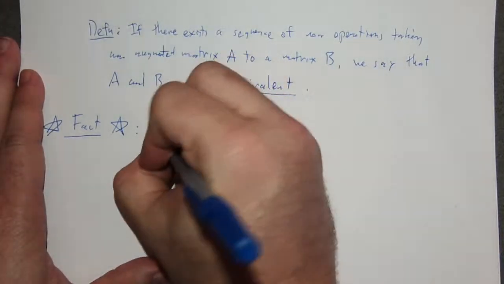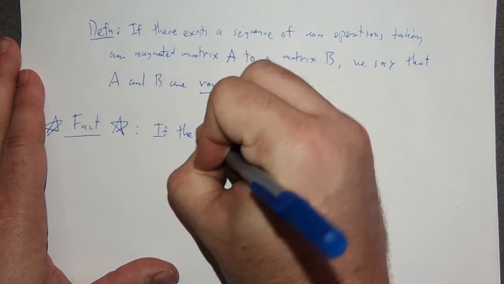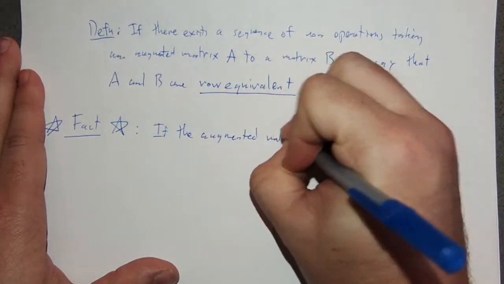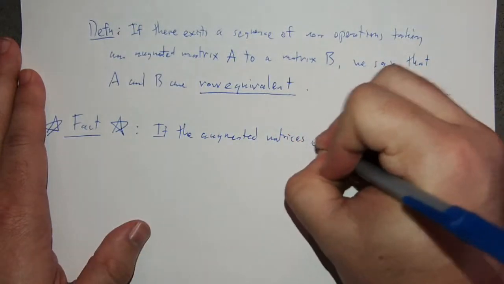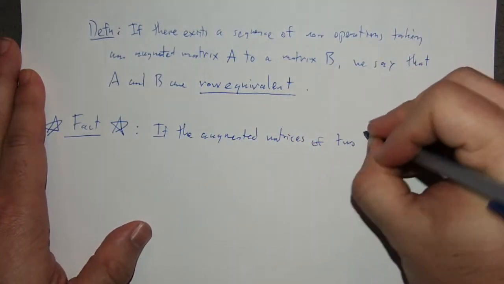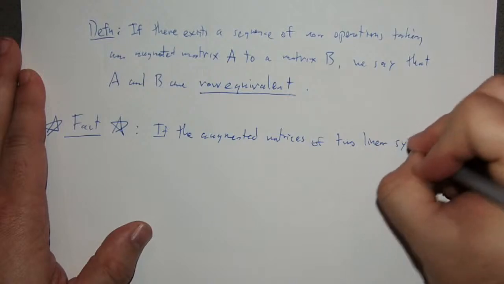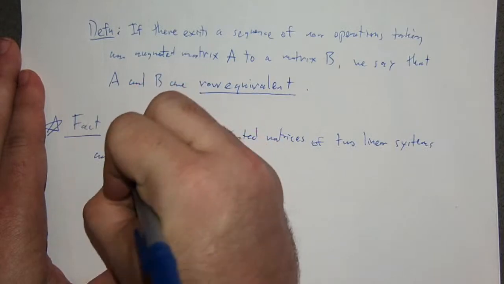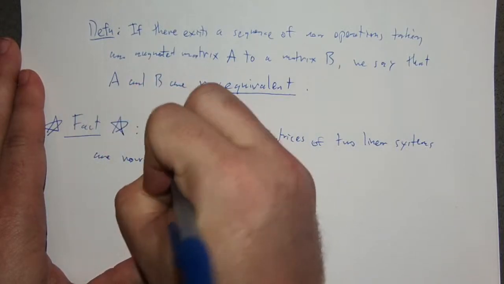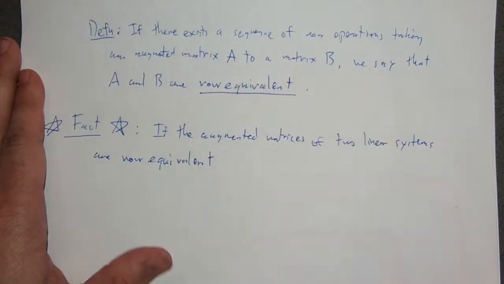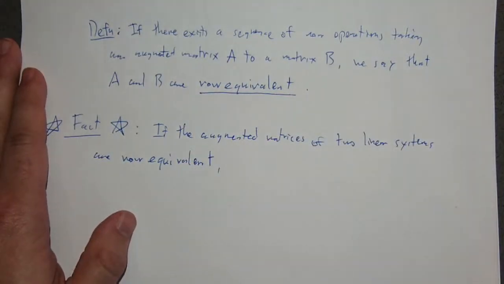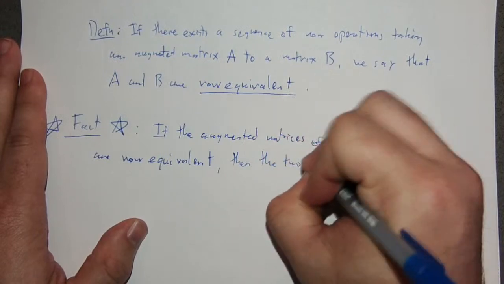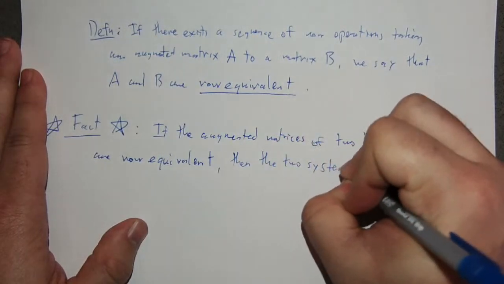If the augmented matrices of two linear systems are row equivalent, then the two systems have the same solution set.